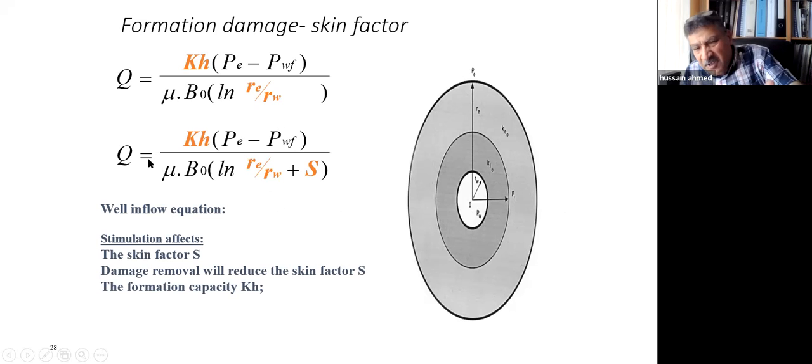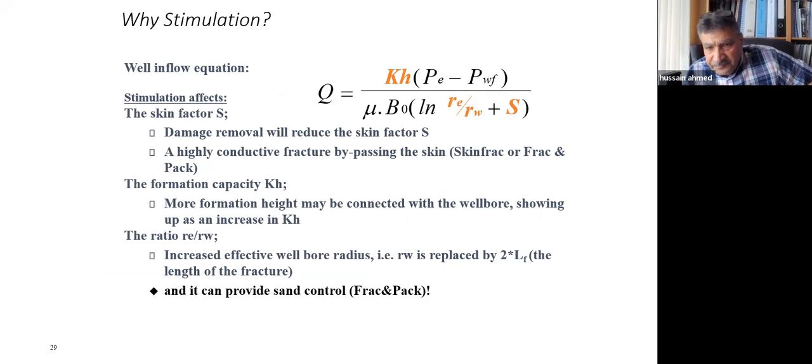We will add also delta PS into the Darcy equation. So with the Darcy equation, you should be flexible in changing it according to many factors: fracture, gravel pack, skin factor, steady state flow, pseudo, single phase, multi-phase. So you should be clever in how to deal with the Darcy equation.